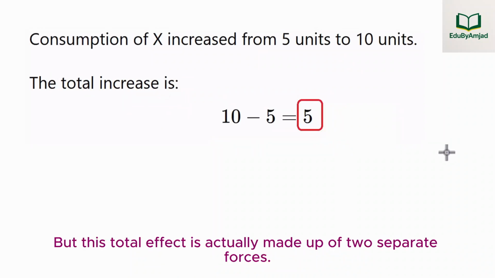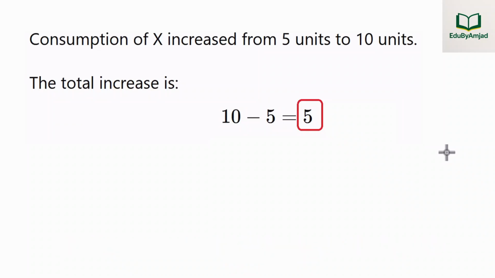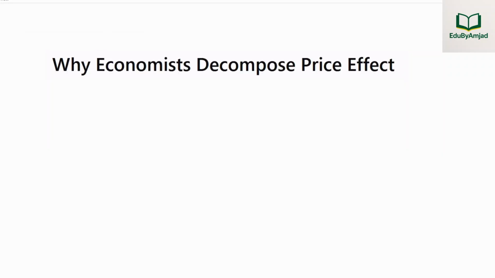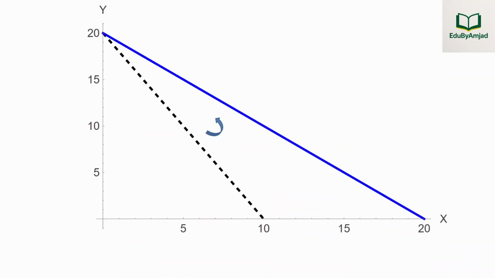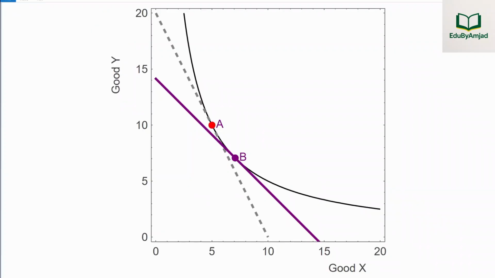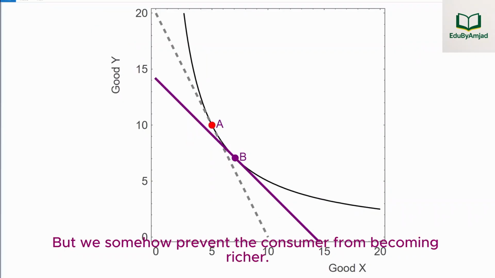But this total effect is actually made up of two separate forces. Imagine we could perform an experiment. We allow prices to change, but we somehow prevent the consumer from becoming richer.